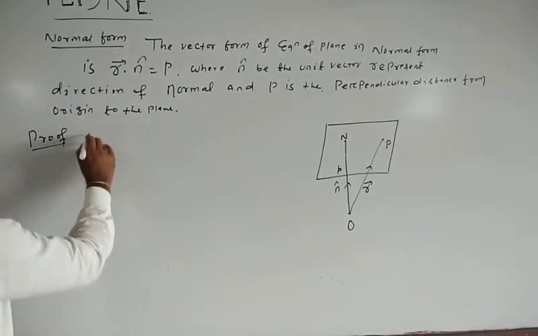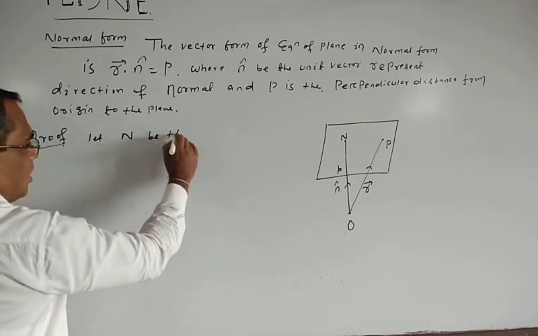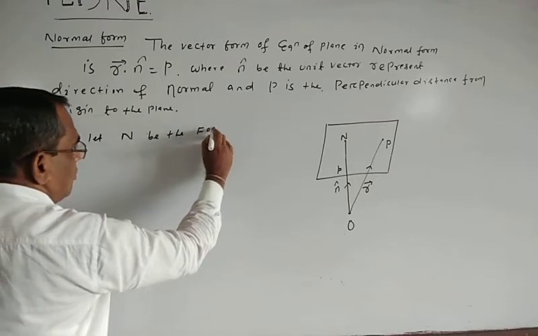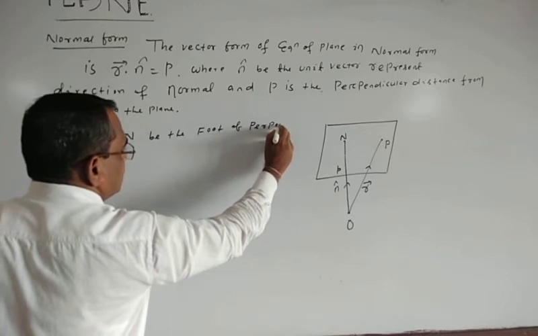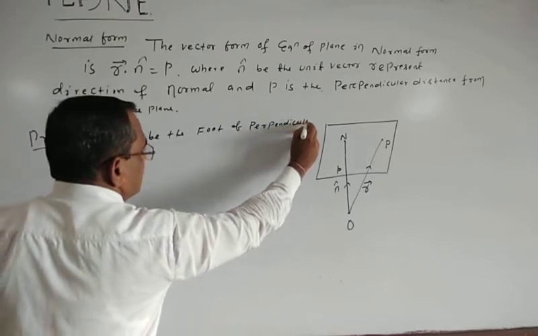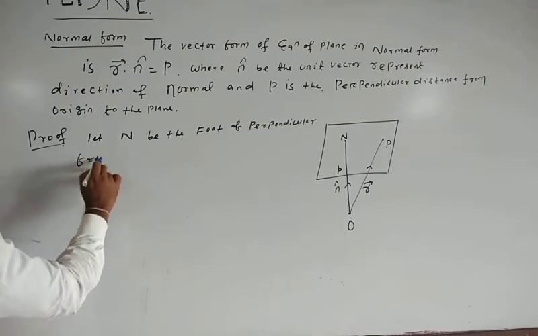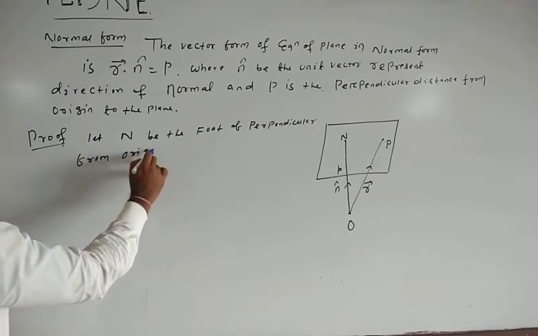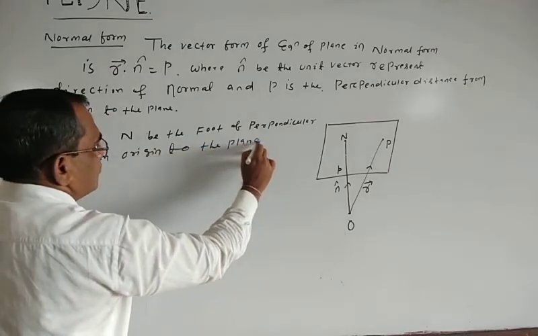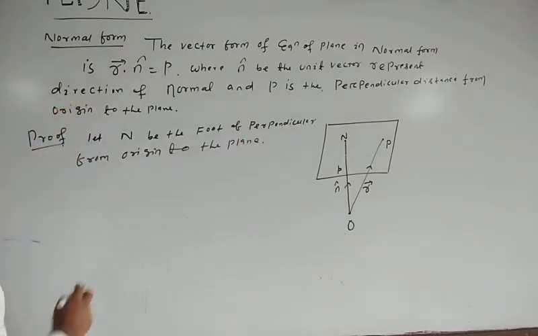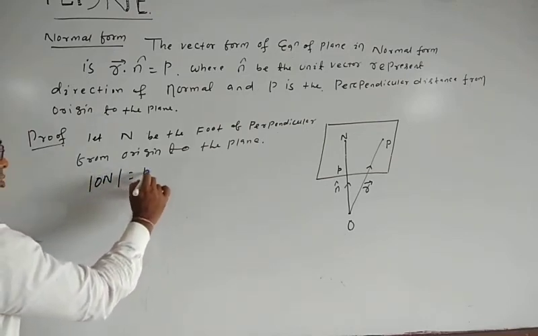Let capital N be the foot of the perpendicular from the origin to the plane, and its perpendicular distance ON is equal to small p.